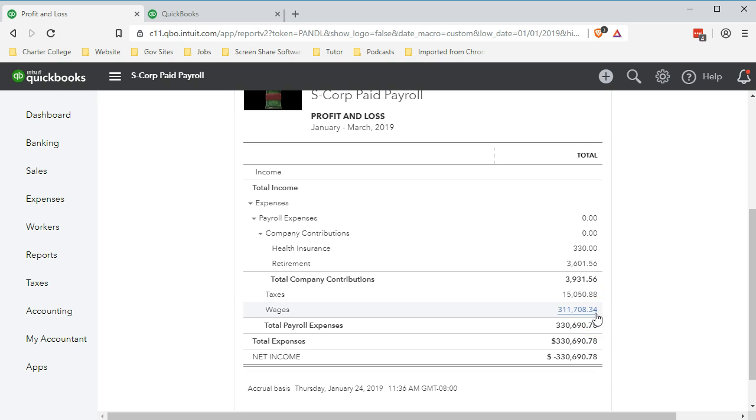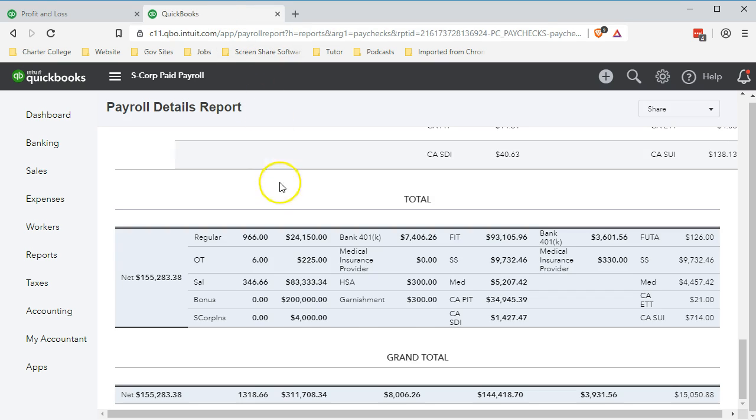They're part of gross pay. In other words, they were taken out of the employee paycheck. In theory, they were paid by the employee's money, not by the company's money. It was paid by what was taken out of the employee check. So if we go back then to the second tab, these items were pulled out of the wages and paid directly for the employee.